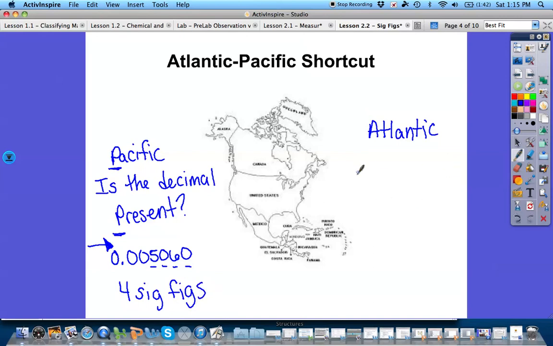On the Atlantic side, I want you to write is the decimal absent.